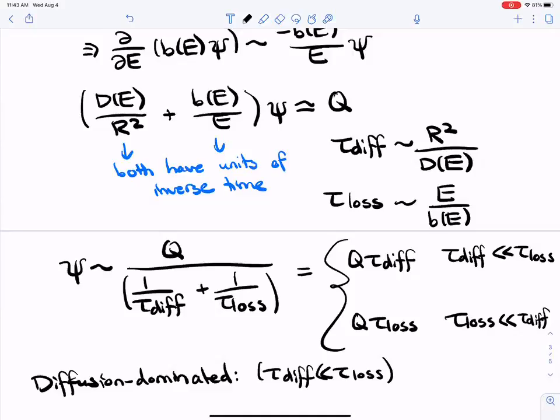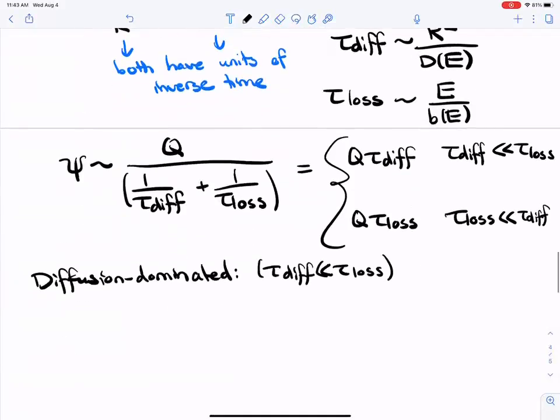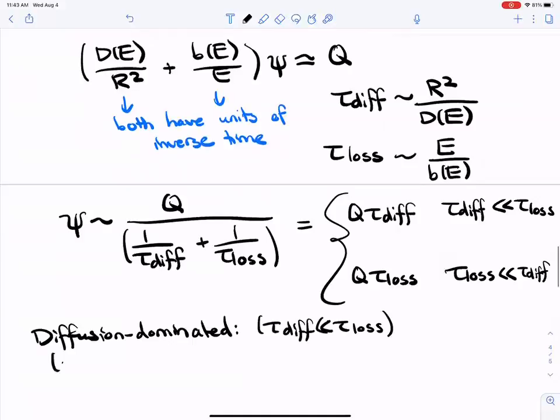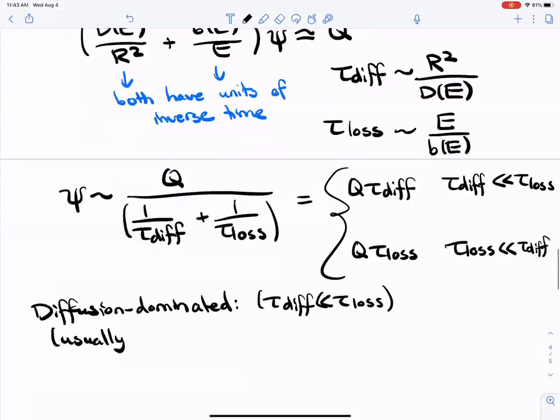So protons diffuse around and bounce around the galaxy many, many times before losing all their energy to loss processes. So protons and antiprotons are generally diffusion dominated. But for electrons and positrons, it's not so clear; their timescales are much more comparable. So it depends on which cosmic ray species you're looking at, and in general, as far as I know, there's no reason to expect a big separation. It's a good question.